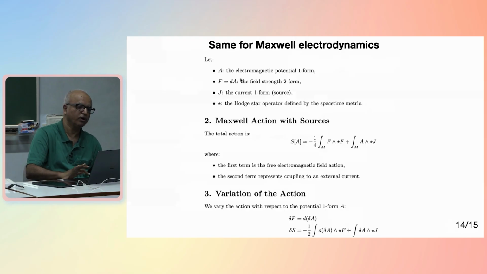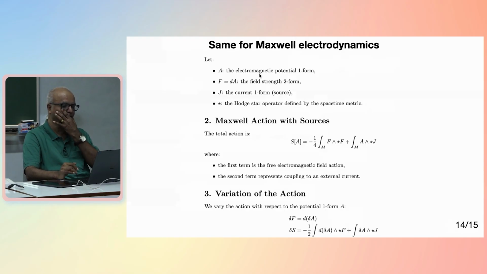Right. So A is the electromagnetic potential one-form. So in Maxwell's electrodynamics, the potential is the connection. In GR, the connection is not the potential, the connection one-form is like the forces. F equals dA is the field strength 2-form, J is the current 1-form, star is the Hodge dual operator.